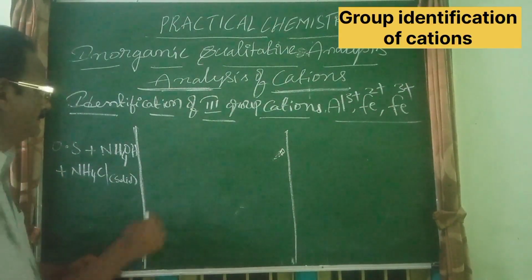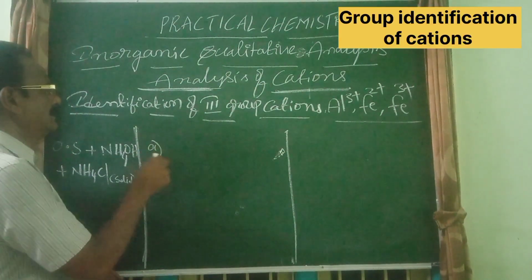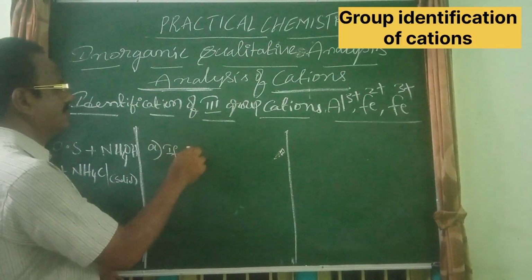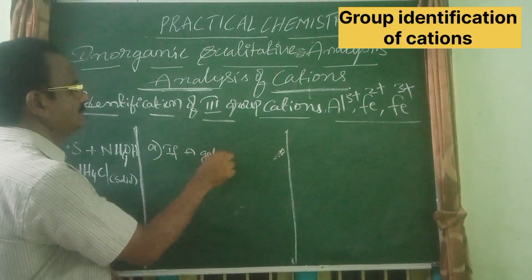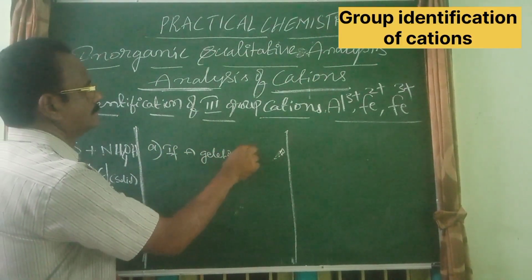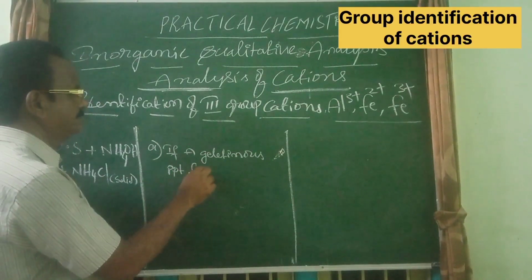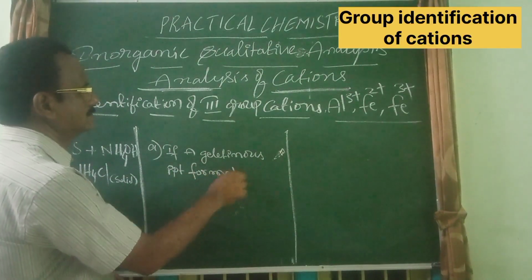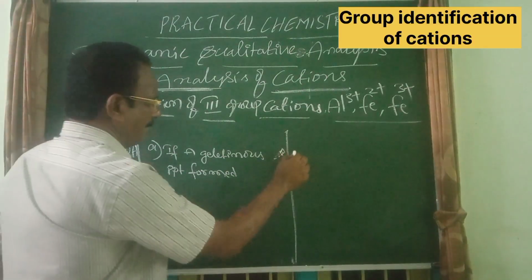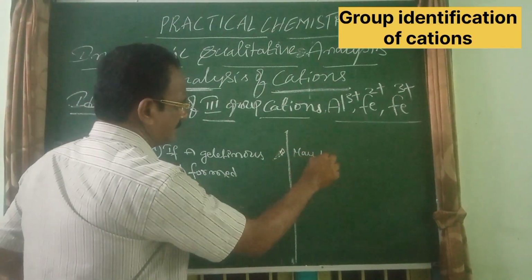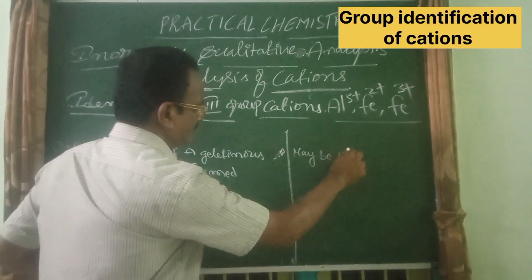Okay, if a gelatinous precipitate is formed, maybe Al3+.